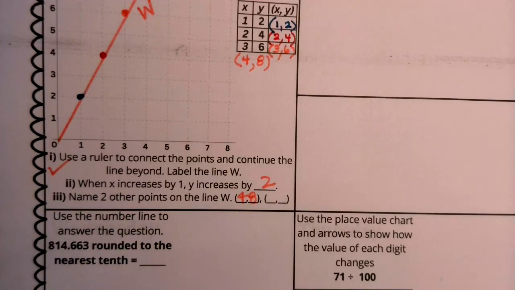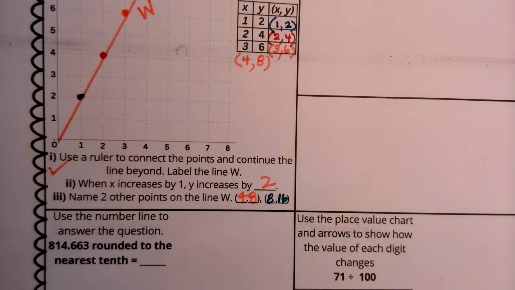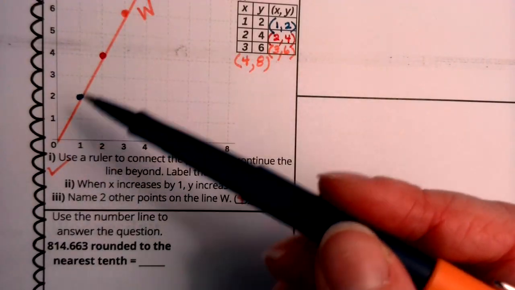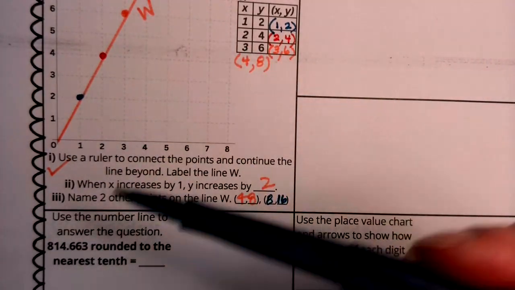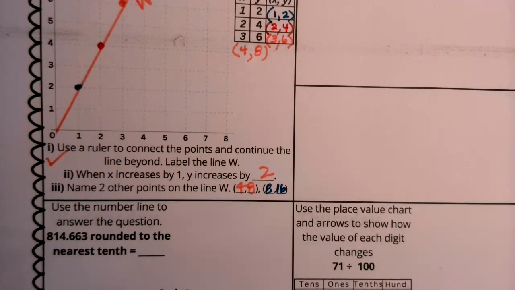That's another point that does exist. You could even have 8, 16 if you continued this on in advance and got all the way to an x of 8. So certainly we are just looking for what other points would be on line W if it continues. And of course, we can find those points by continuing our rule.